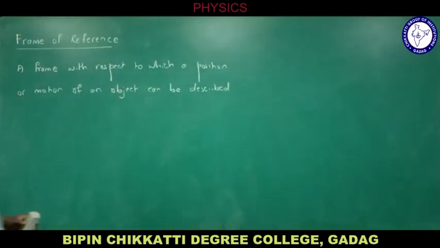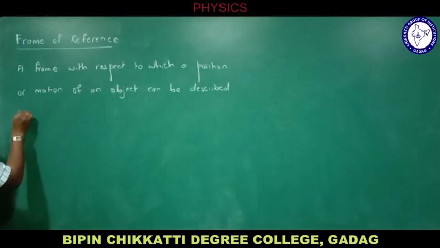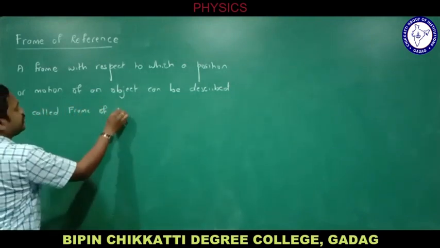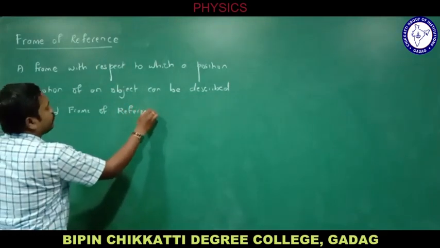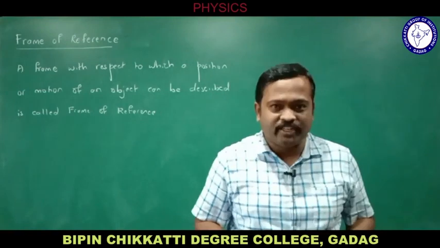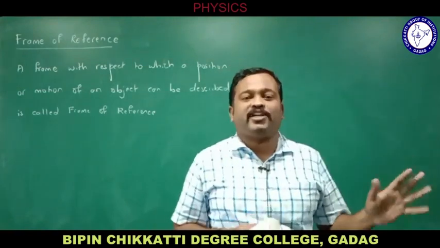See here. It is a frame with respect to which a position or motion of an object can be described is called frame of reference. Okay, simple. What is frame of reference? It is a frame with respect to which the position or motion of an object can be described.